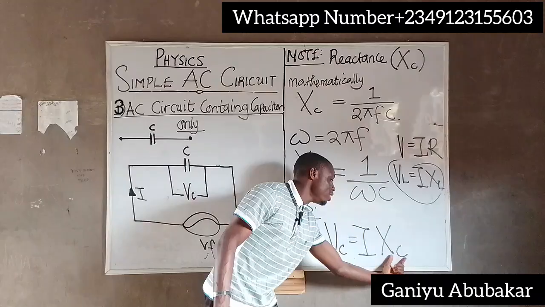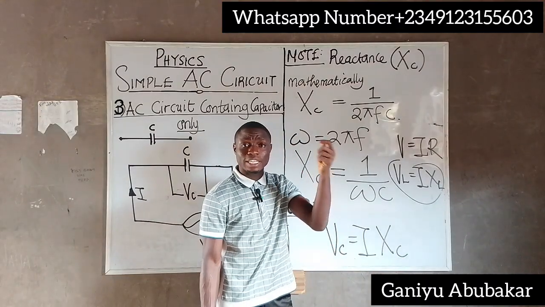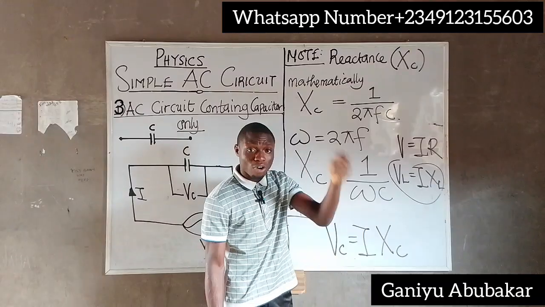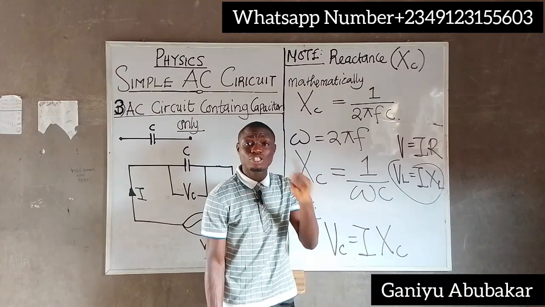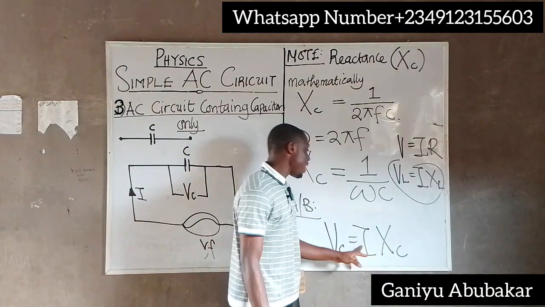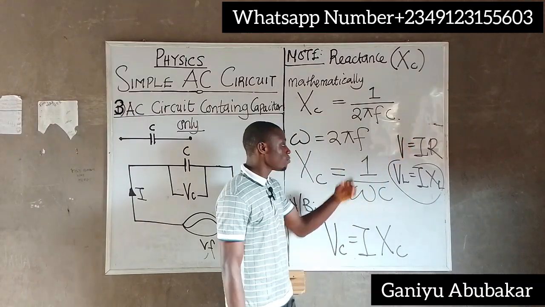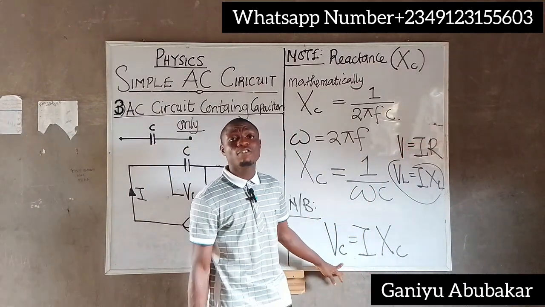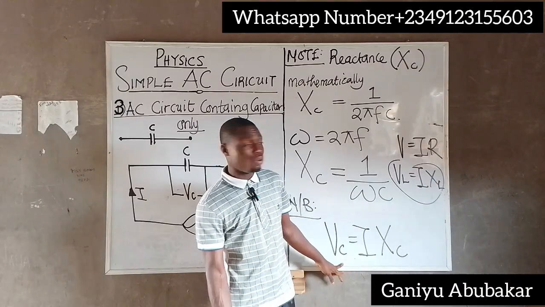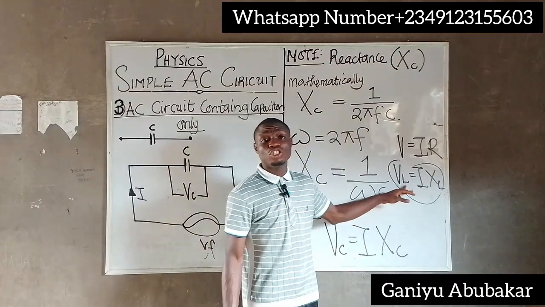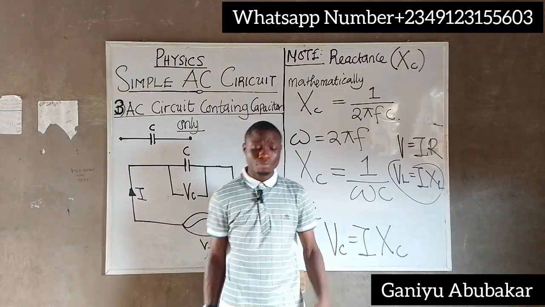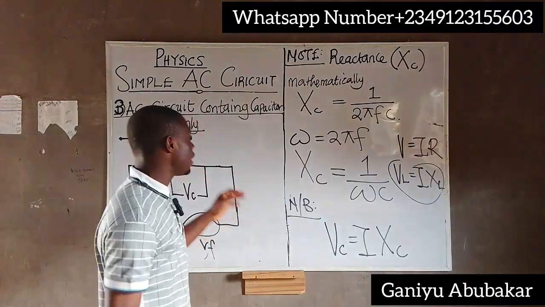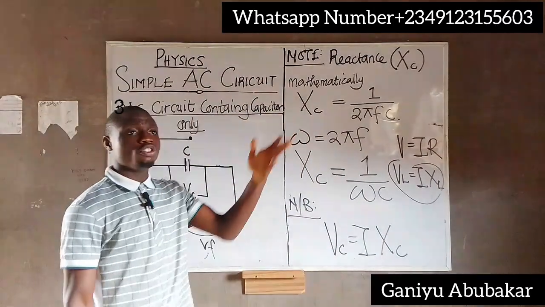The opposition to the flow of current in a capacitor is XC. So I is common. VC is voltage in capacitor, VL voltage in inductor, and VR is voltage in resistor circuit. Alright, let's not pick them in twos.